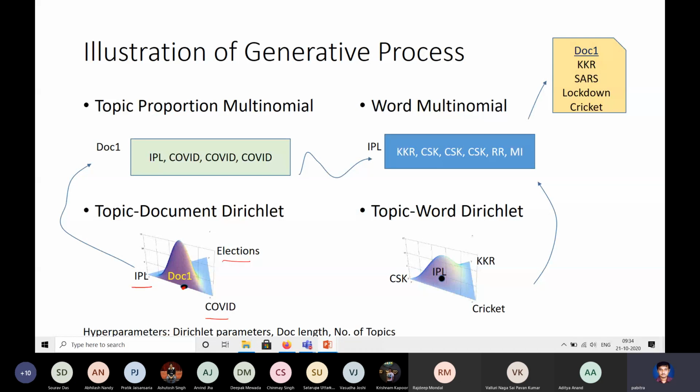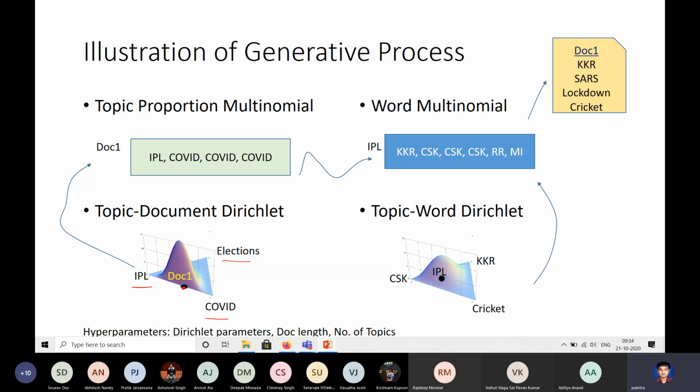What this says is that doc1 is 0.4 COVID and 0.6 IPL. No elections. Sorry, the other way around: 0.6 COVID and say 0.4 IPL. That's the topic proportion for doc1. No elections.